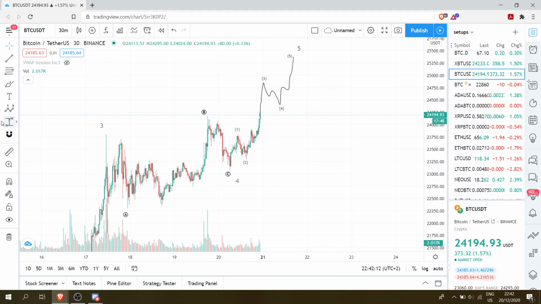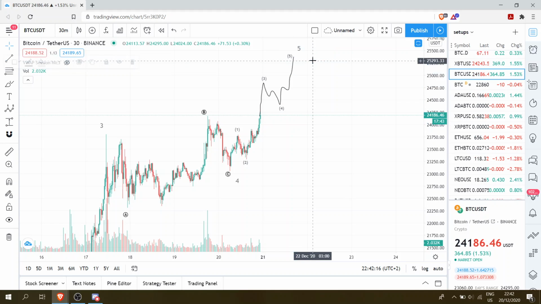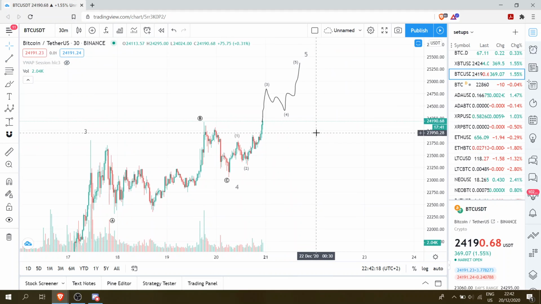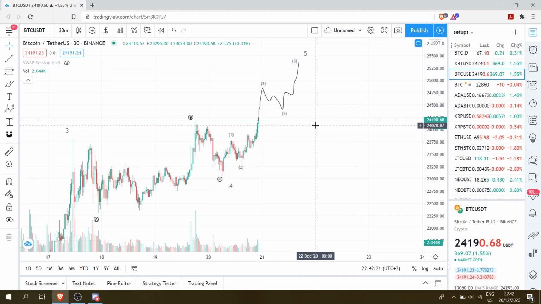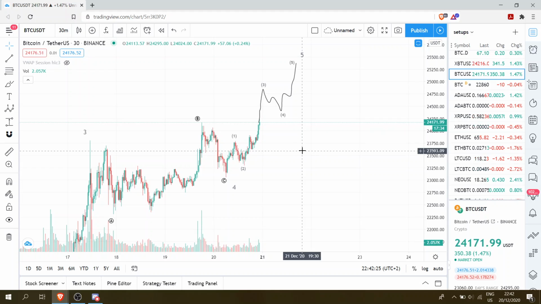So we still got around 4% to go higher, which is quite good. You can take some really nice longs.